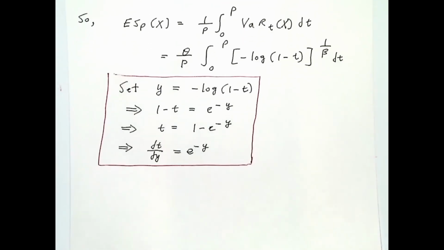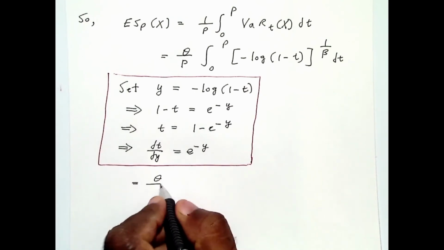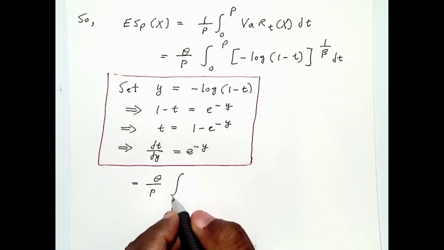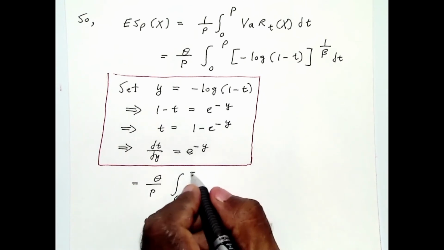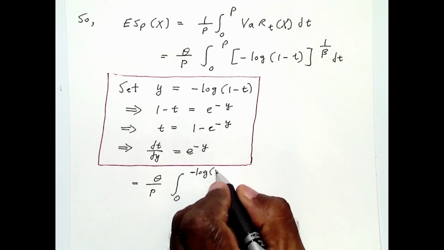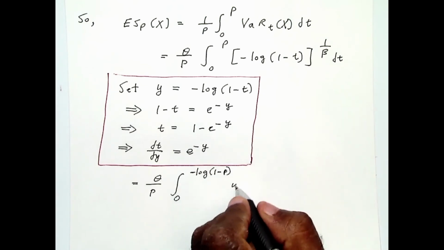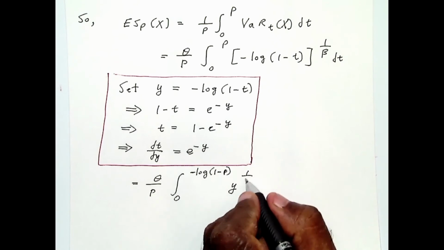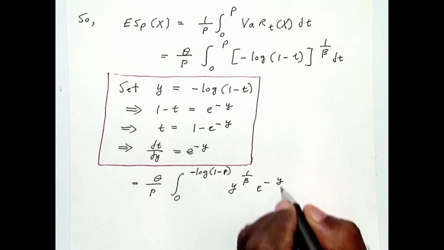Now subbing this back into the integrand, this is what you will get. You will get the integral equal to theta divided by p. The limits of integration will go from 0 to minus log of 1 minus p, and the integrand will become y raised to the power 1 over beta times e to the minus y dy.